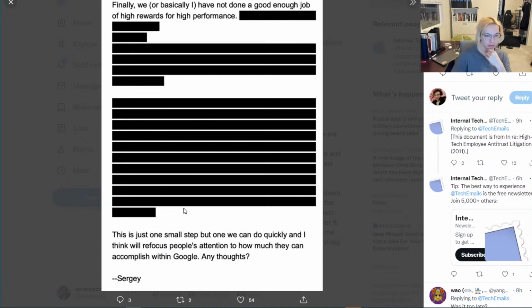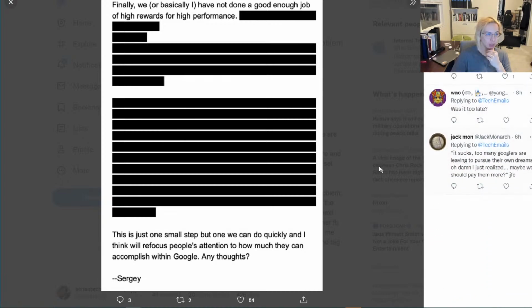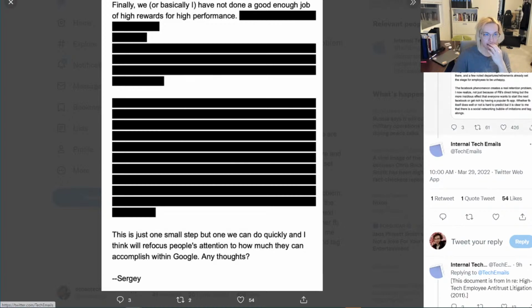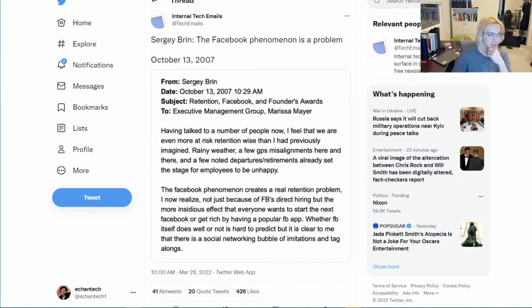Interesting. This document is from the high-tech employee antitrust litigation. Interesting. Was this just revealed in the antitrust lawsuits? This is interesting, actually.